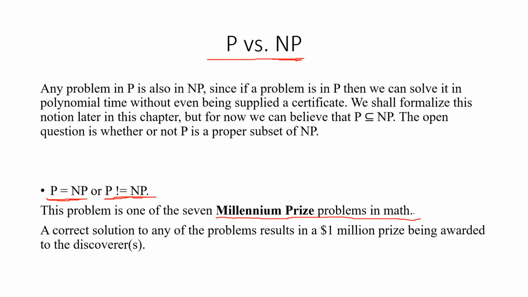If someone is able to prove one of these statements, they will get $1 million. So if you're looking for the 1 million, you have a good chance to try to prove one of these two statements.